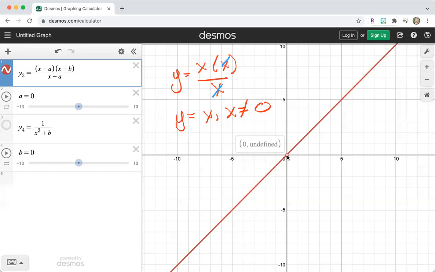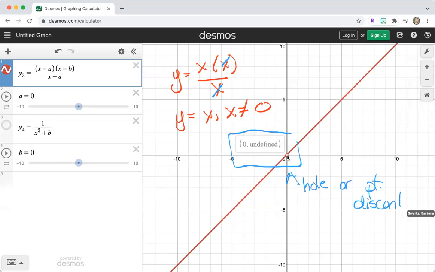And so, we talked about the different types of discontinuity. Before, we saw these vertical asymptotes. Now this is called point discontinuity, or a hole. We can see the hole in this graph. Let me change my color. So right here, this is called a hole, or not a point of discontinuity, but just point discontinuity, because it's only discontinuous at this one point.